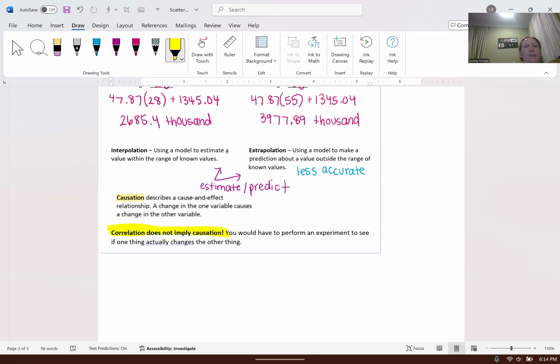Just because you're saying there's a relationship between things going on, whatever data you're looking at, you can't directly say that one thing is affecting the other. You would have to set up an experiment, have a controlled group, test your things accurately. So you cannot just say that because there's correlation, that one thing definitely caused the other. I think when you do a math Excel, you will probably see this phrase correlation does not imply causation.